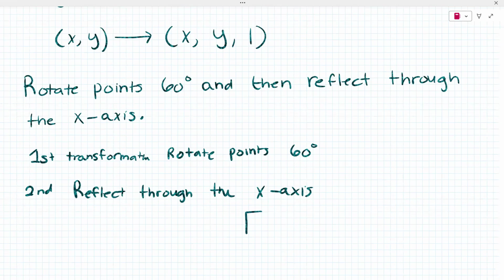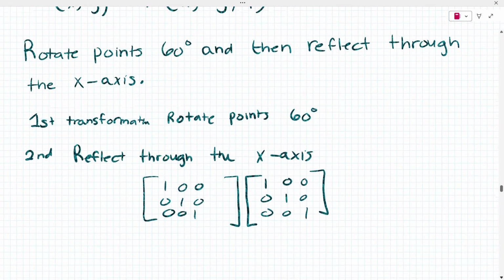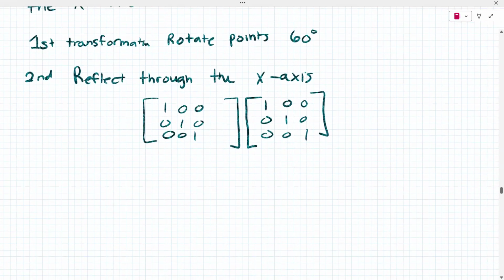So our first matrix would be 1, 0, 0, 0, 1, 0, 0, 0, 1, and then this one would be 1, 0, 0, 0, -1, 0, 0, 0, 1. Okay. So then what we've got to do first is rotate.